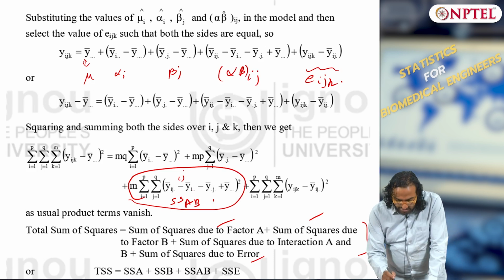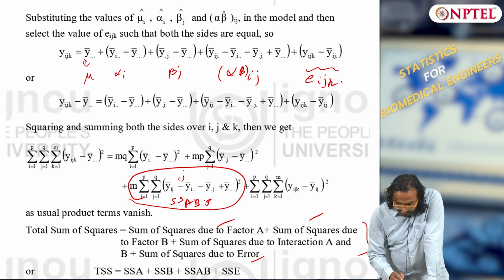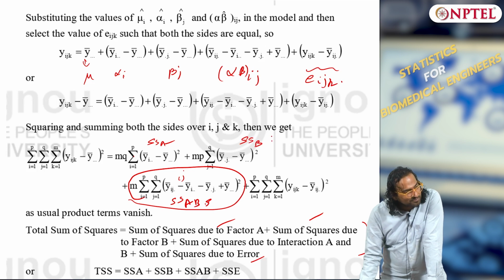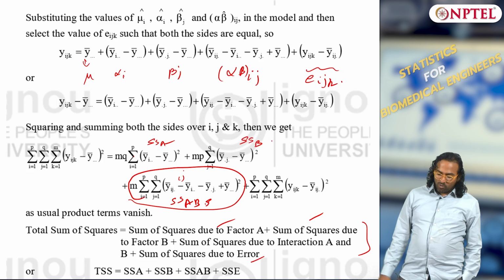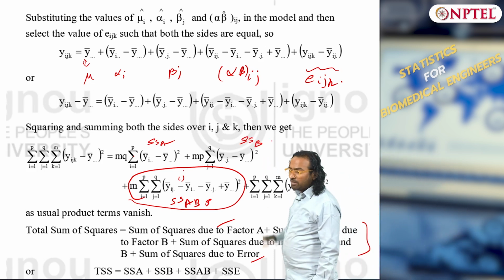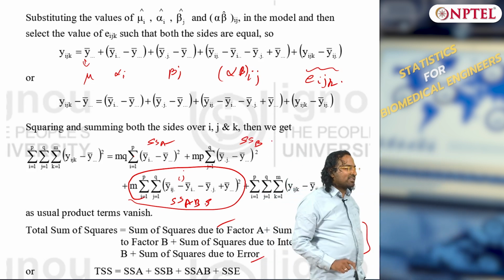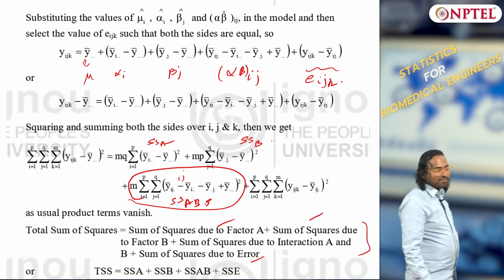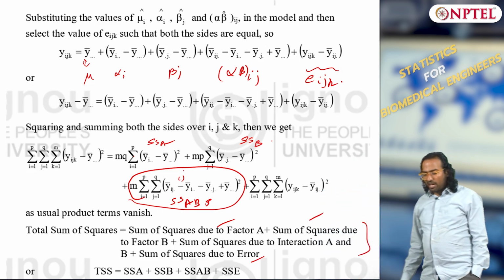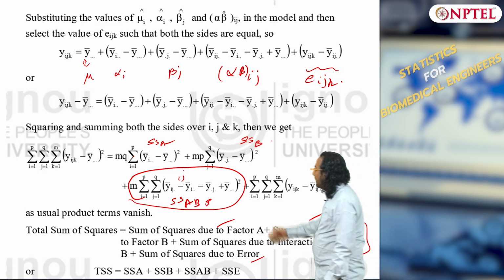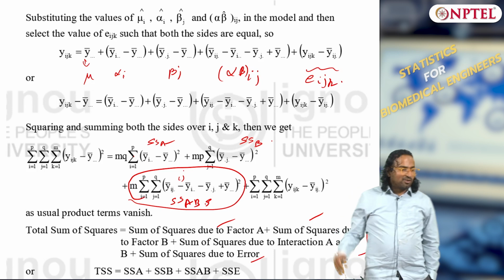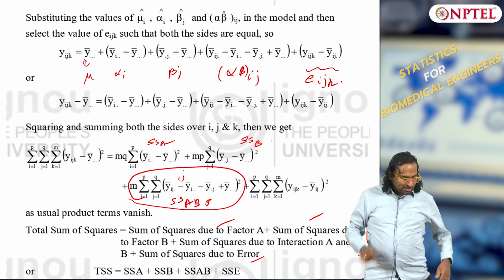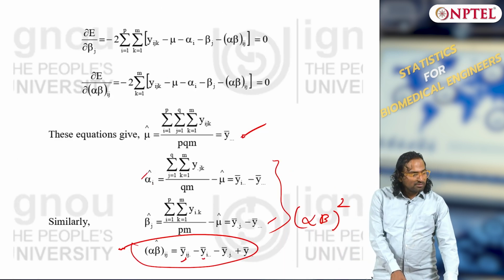So this is what my sum squared AB is, this is sum squared A, this is sum squared B. Where one subtraction is there, your interaction term will have multiple subtractions, that whole thing I call alpha beta. So when I write alpha beta the whole square, alpha beta itself is nothing but yij dot bar minus y bar, all of this is included. This is how we estimated alpha beta. Clear?